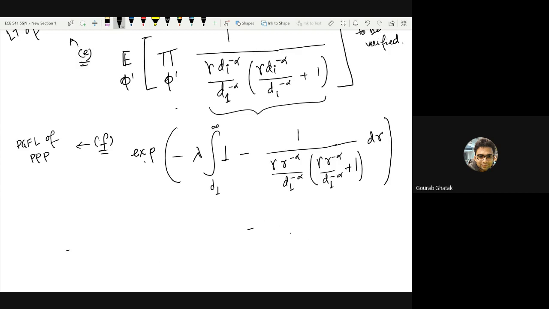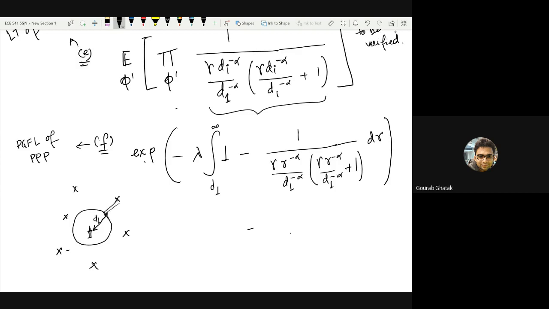Is this clear? I think it should be straightforward, right? If you are a user connected to the nearest base station, and the rest of the base stations are acting as interferers, and you want to think about them not individually but as a field of interferers, the interferers are necessarily located outside the circle given by d1.